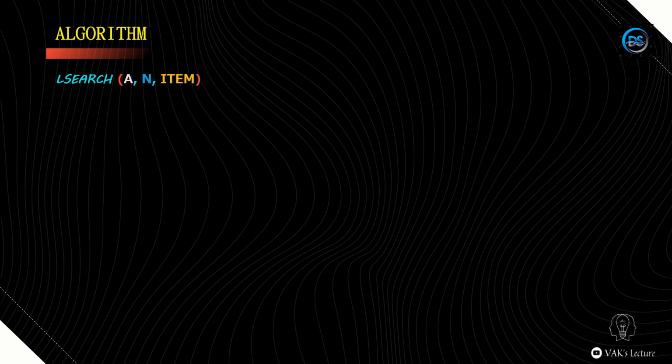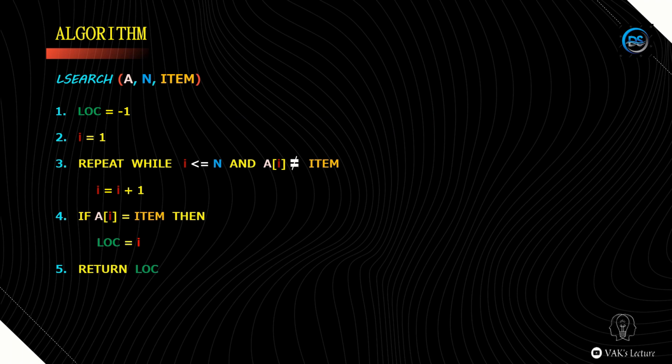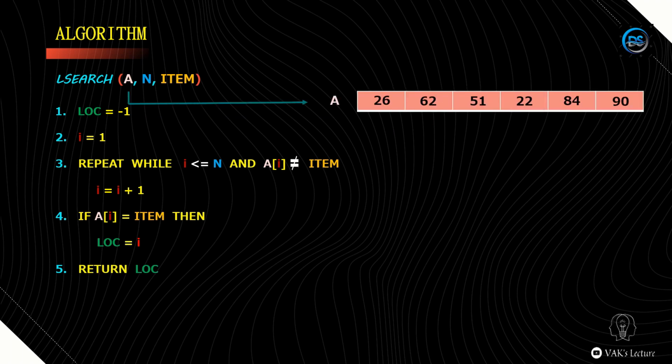There is a sequence of the algorithm, so I have written every step in a sequence about how it will work. In this algorithm, A stands for the array from which we have to find the item. N stands for the total number of elements. Then the item is what we need to search for. So we have given 3 things on the list.